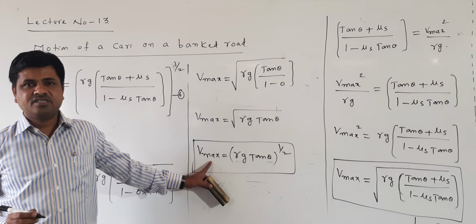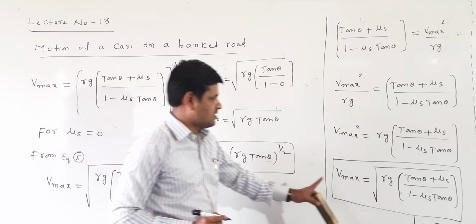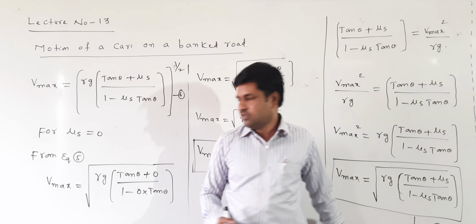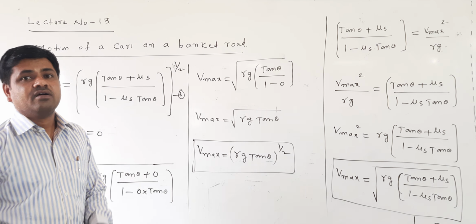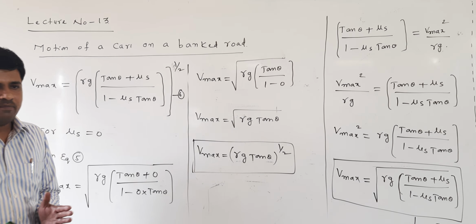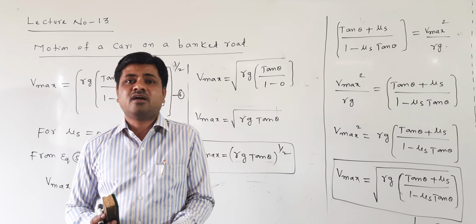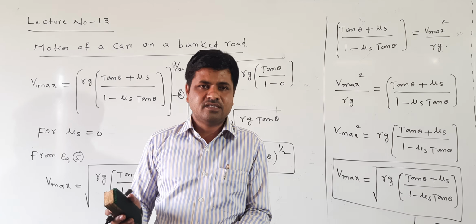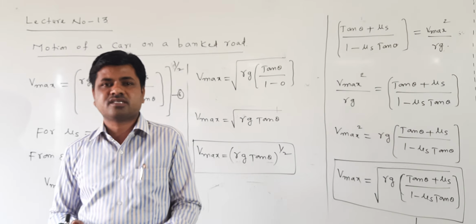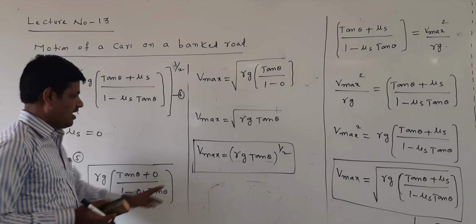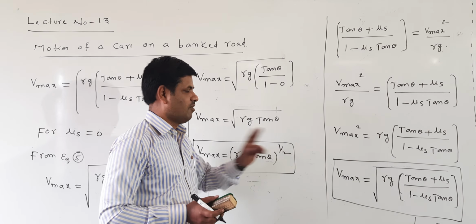This expression is when friction is not present, and the earlier expression is when friction is present. Friction is not present means we have the banking of the road, but friction is not there. In this case V maximum is equal to Rg tan theta whole power of 1 by 2.